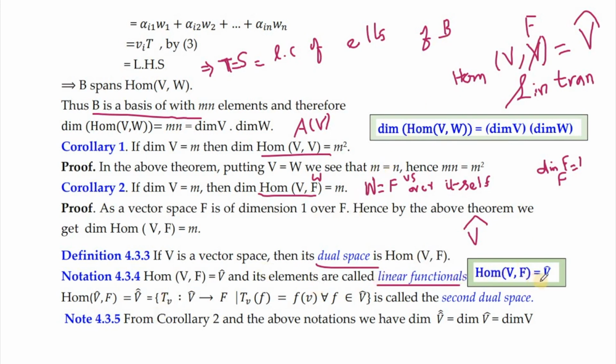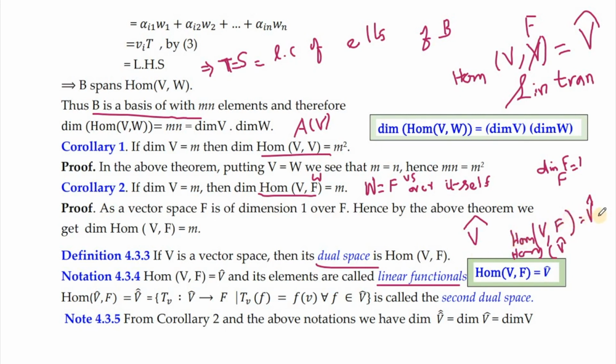Now once you have a vector space, you were able to talk about Hom(V, F), and this is what is denoted as V cap. Now having got V cap as a vector space, can we not talk about Hom(V cap, F)? We need two vector spaces.